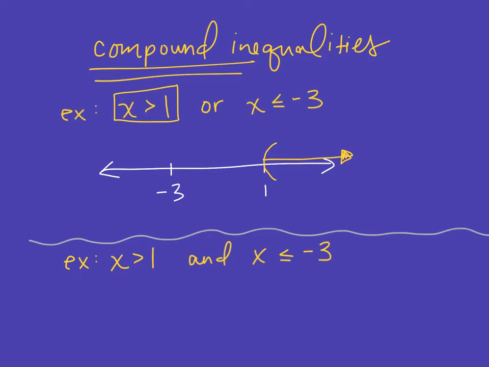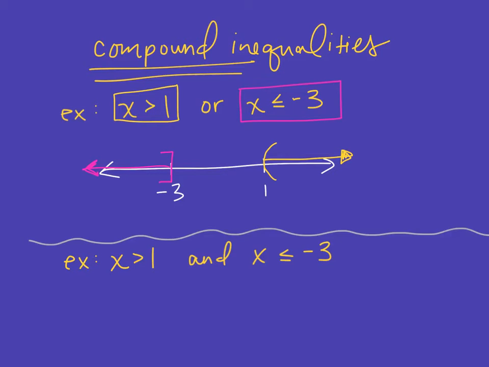And then can something also be less than or equal to -3? Sure. There's an or there. These don't overlap at all, but something can be either here or here. So this is totally a viable solution, and we can write this as our final solution set.